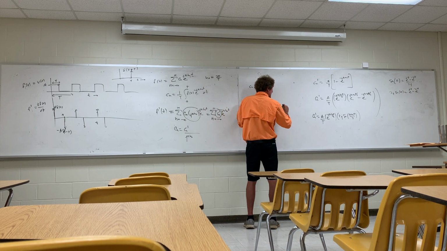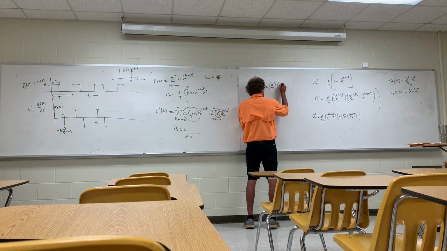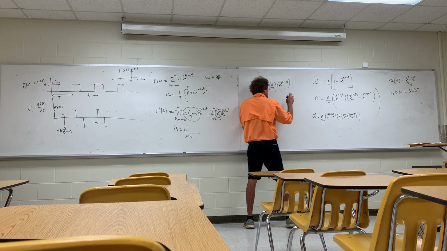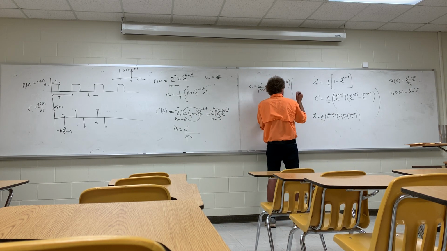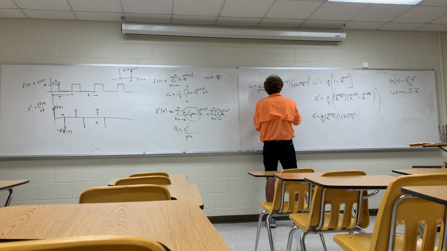C of n prime is that, so that's equal to A over tau, just a coefficient, times e to the minus j n omega naught tau over 2, then times 2j times the sine of n omega naught tau over 2, and then I have to divide all this by j n omega naught.